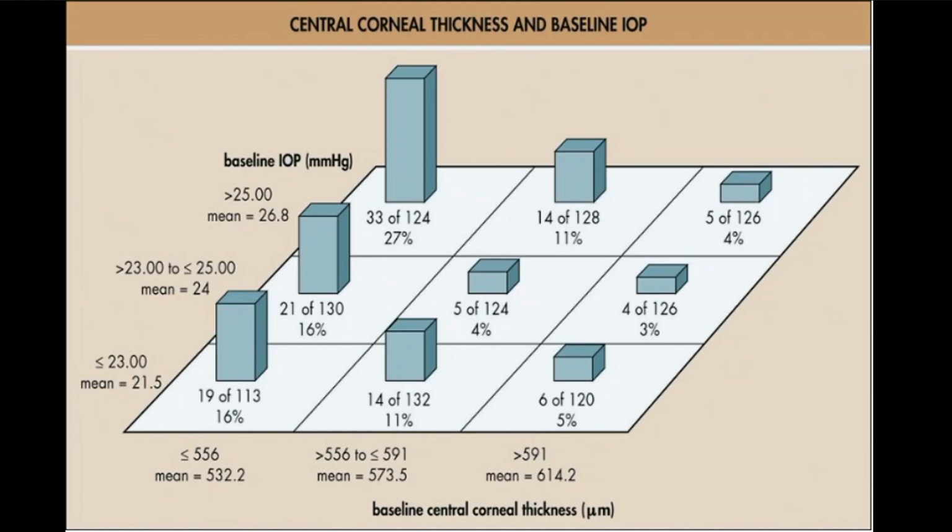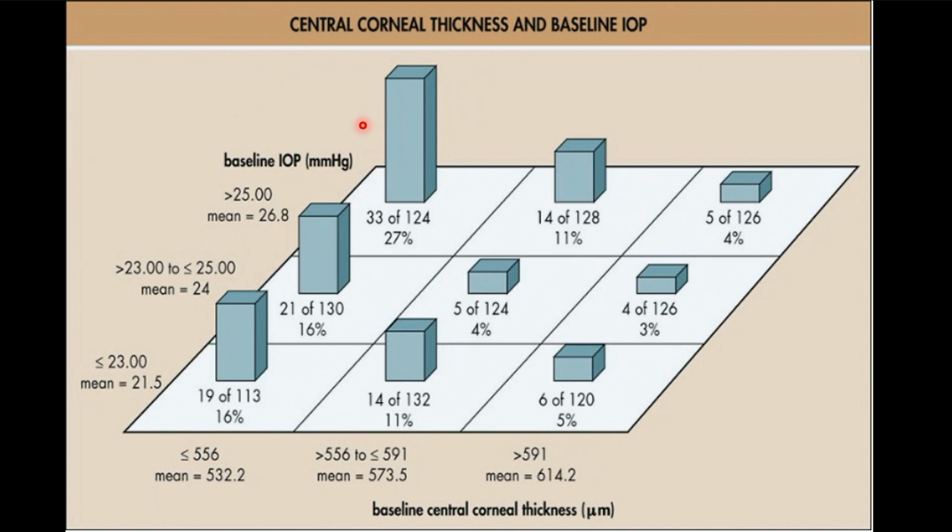So if you can see here, this is central corneal thickness and baseline IOP. If the patient had corneal thickness less than 555, the risk of conversion to glaucoma is more, and it goes more and more with high pressure.